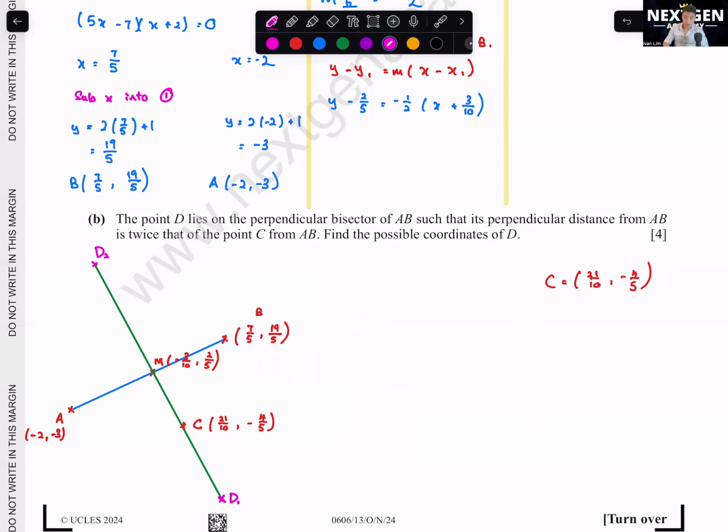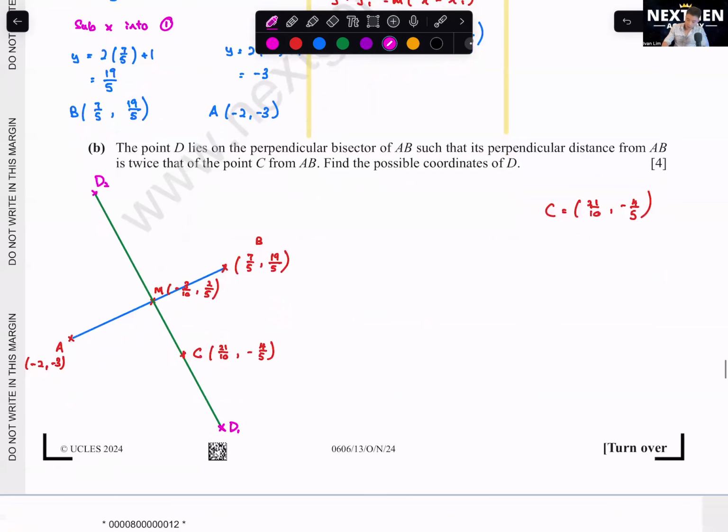Then it fulfills the statement: perpendicular distance from AB is twice that of the point C from AB. We are not going to use the length formula over here. For this part, we are sort of using vectors, but actually it's just counting your x and y.